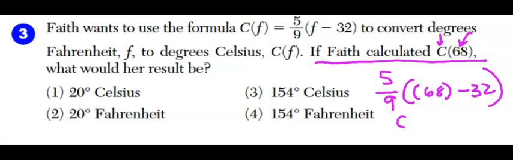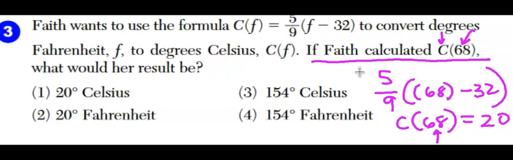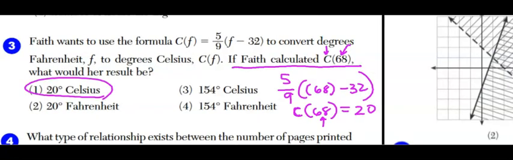When typing on your calculator, you should type it exactly how it appears on your paper. Press enter, and you'll get your final answer. Now be careful when selecting. So the input was 68 degrees, but the output of Celsius would be 20. So it's 20 degrees Celsius.